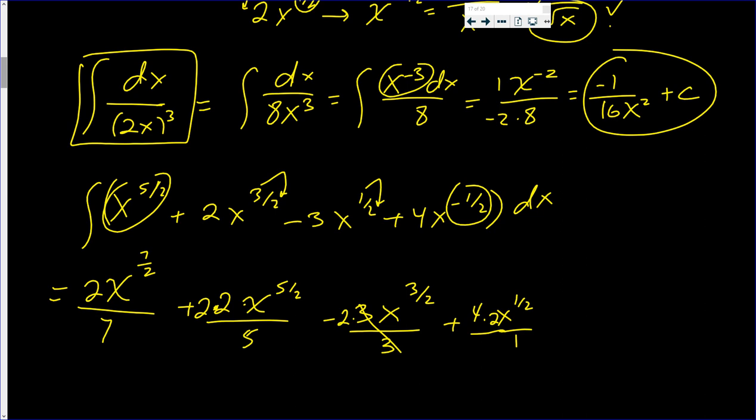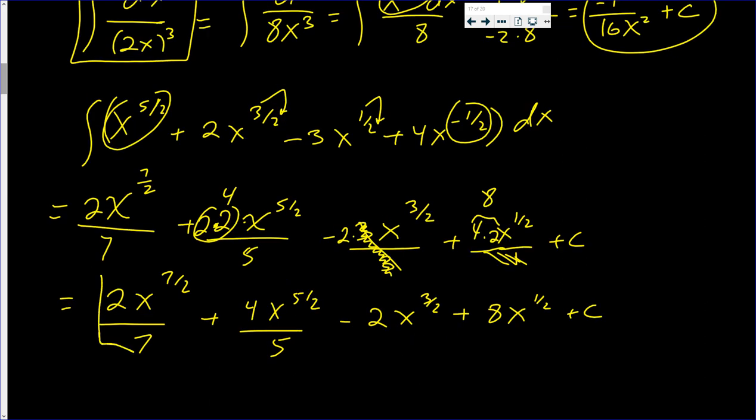Oh, and I would call that 8x to the 1 half. That is, this is 2x to the 7 halves over 7 plus 4x to the 5 halves over 5 minus 2x to the 3 halves plus 8x to the 1 half plus c.